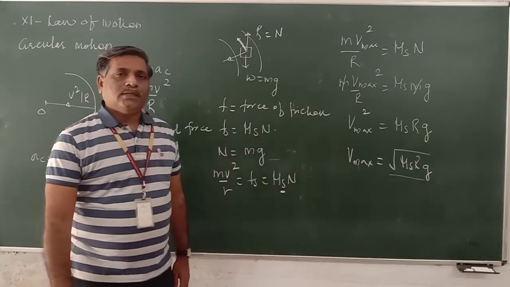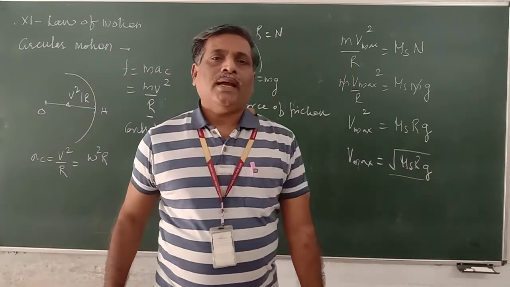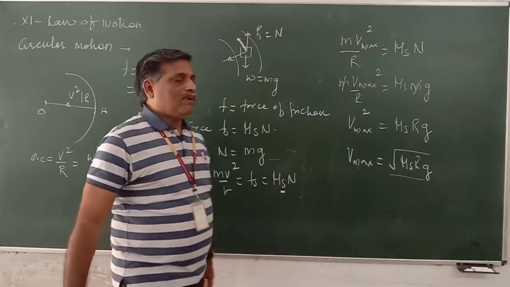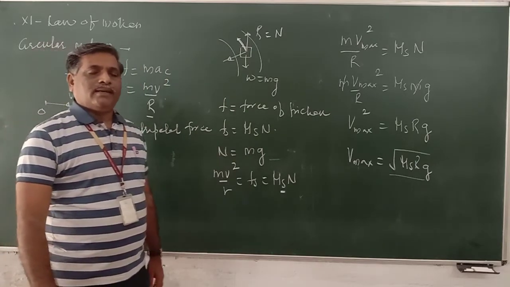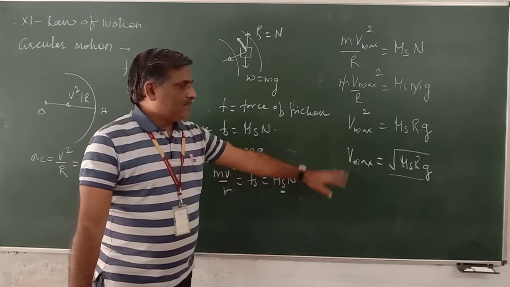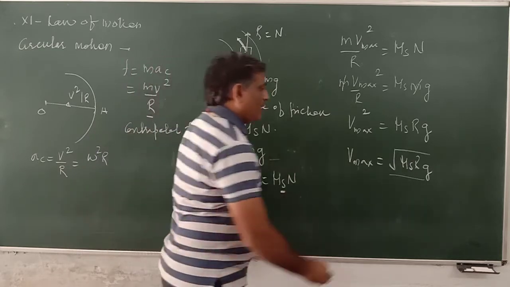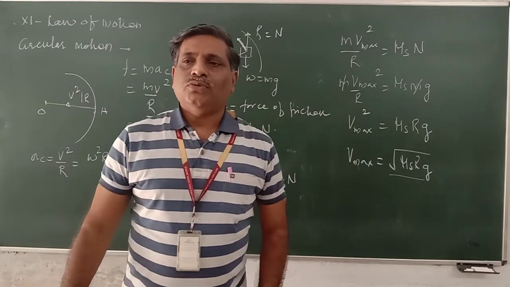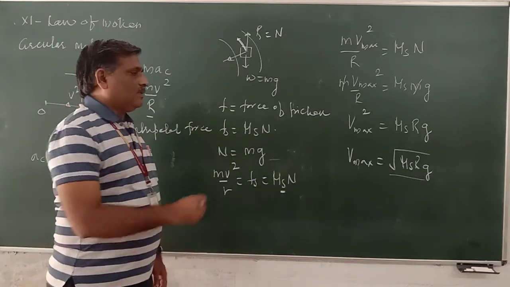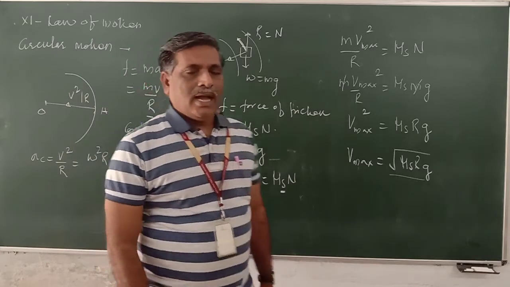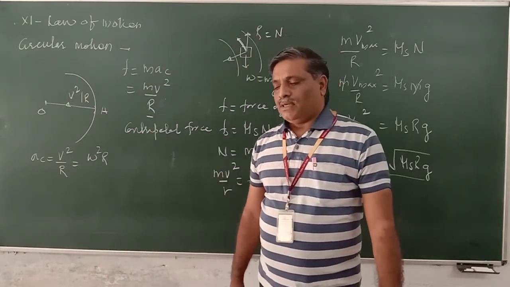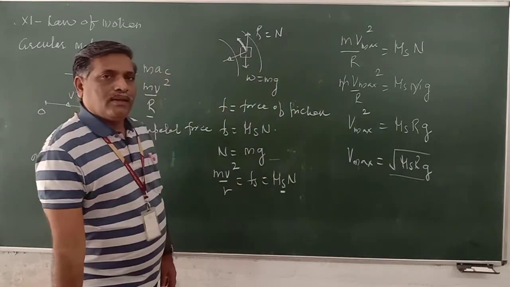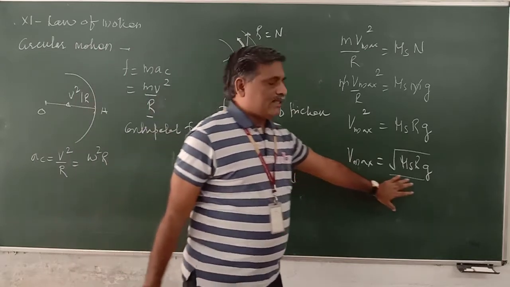It means that for a car, a motorbike and a truck, even though the masses are different, the maximum velocity with which the vehicle can take a turn is under root mu s r g, where mu s is the coefficient of static friction, r is the radius of the curve, and g is the acceleration due to the Earth's gravity at that point. So here g will remain the same.